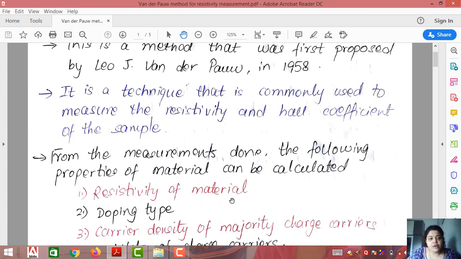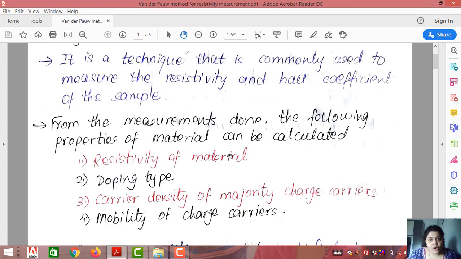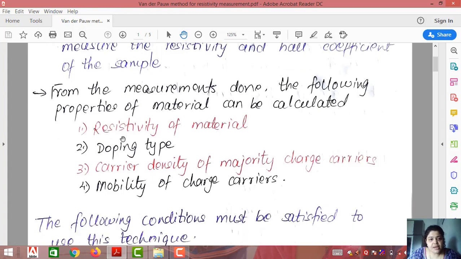From all the measurements done in this method, we can derive certain properties of a material, namely the resistivity of the sample. Here, by resistivity of a sample, we actually mean sheet resistance. If you remember, in the previous video we discussed what exactly sheet resistance is.